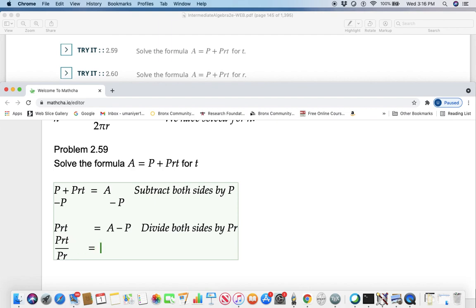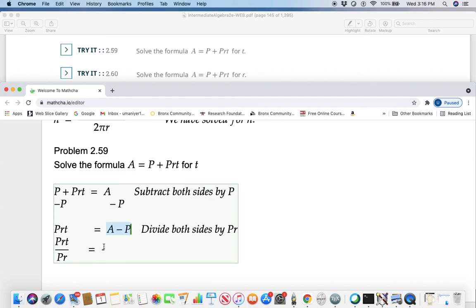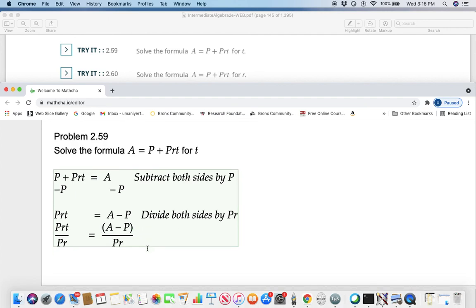Likewise, whatever you do on the left, you must do on the right: A minus P, the entire side, on the top, and PR on the bottom. If it helps, remember A minus P is one item, so write it in parentheses just so you're sure. So PR cancels PR, and T equals this entire expression. And we have solved for T.